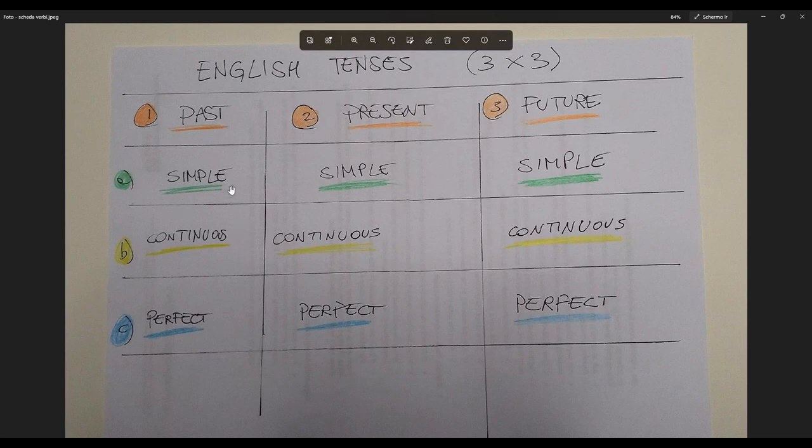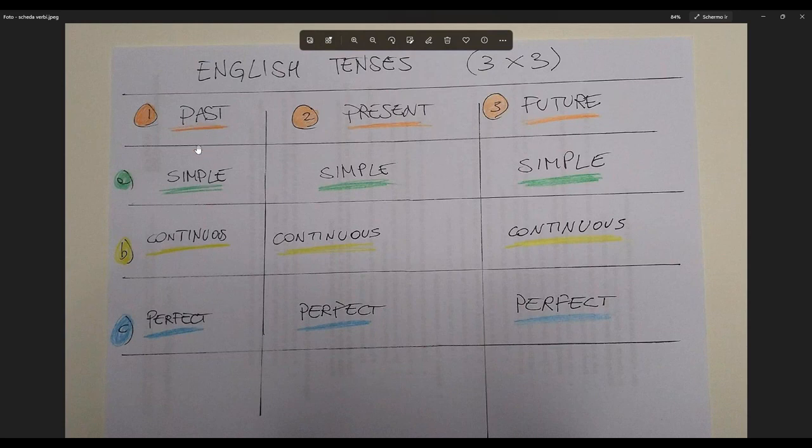Okay, so we covered the simple, we covered the continuous forms of present. Tonight we're going to look at past simple and past continuous.